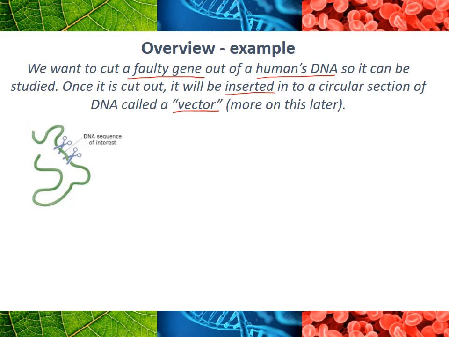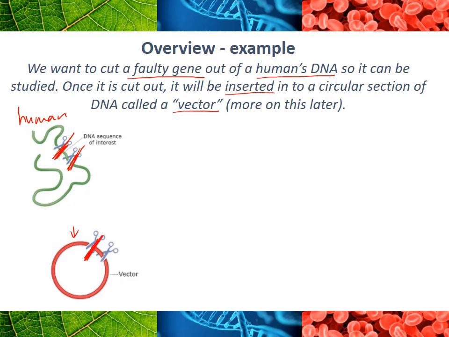Okay, so this is our human DNA here, and this is the section we want to cut out. That's the gene that we want to look at. We have a vector, which, like I said, is a circular piece of DNA. Now that vector is just going to be in a test tube, in a lab. Okay, it's not inside a living thing. So we've got this vector, and if we want to put this gene inside this vector somewhere, we need to cut open the vector as well.